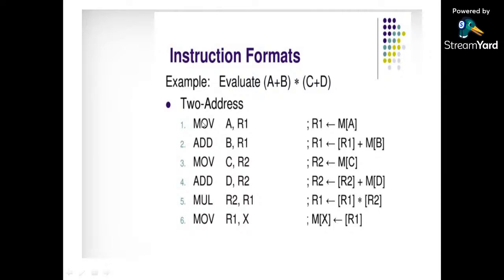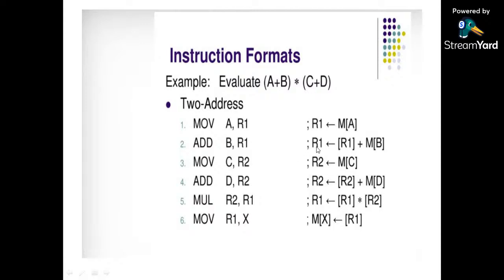Now two address format. Okay, so how will it be done? What is the first thing we have written? Move a comma r1. So when we are writing move a comma r1, basically we are transferring the content of memory location a to the register r1. Okay, now what is the second step? In the second step we are adding b comma r1.